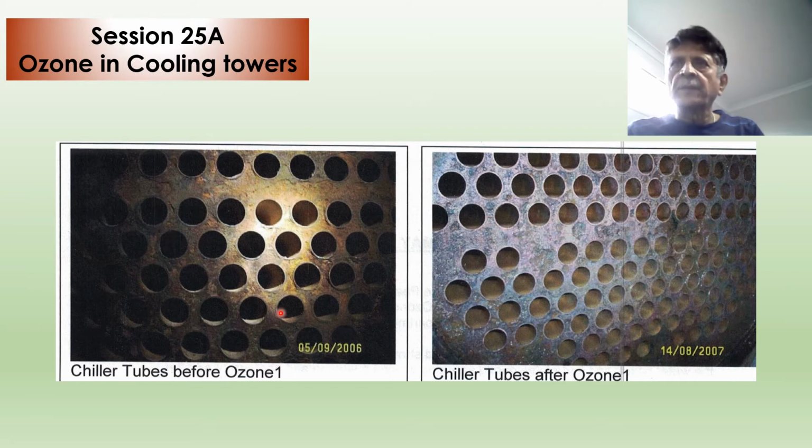This is a typical example of an ozone installation where the tubes were, after it has been cleaned up, etc., before the installation, and after the installation you can see the pipes, the tubes, etc., extremely clean after the period as shown in the photographs.